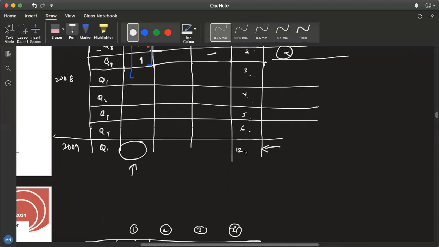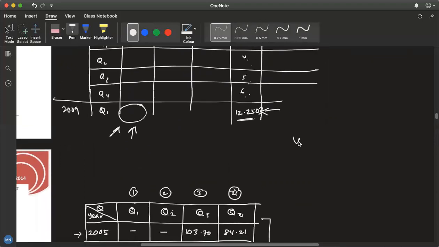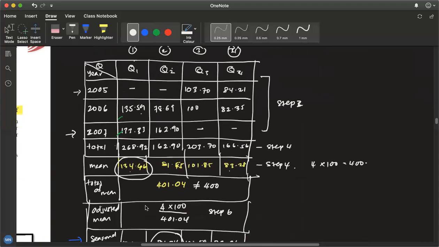So the trend is 12.2503. Now, to forecast Y for 2009 quarter number 1, it equals the trend for 2009 quarter number 1 multiplied by the seasonal index for quarter number 1.